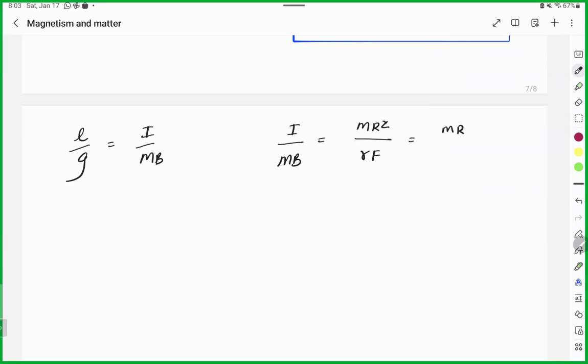M r square, one r cancels. M r by the force value, which is mg. Isn't it equal to r by g? Or if you write the same thing in this form, now M L square divided by L into F, because instead of r you are taking L. So L cancels. M L by F is equal to mg. Tell me, is this correct? Yes, sir. Make sense? Yes, sir. Makes sense. Thank you.